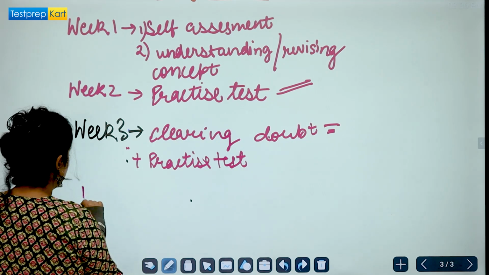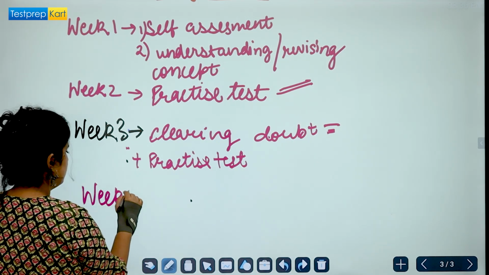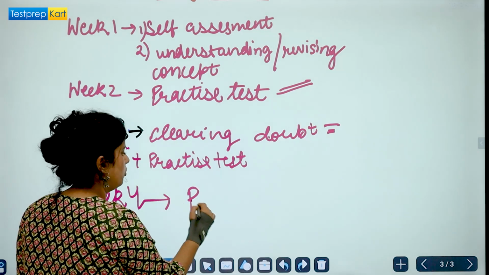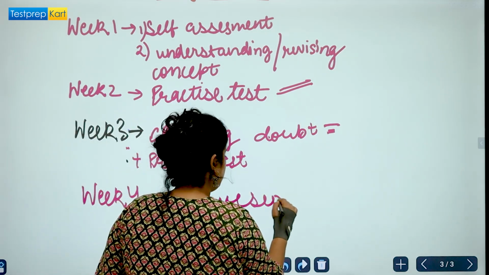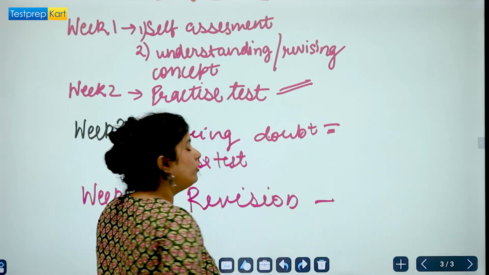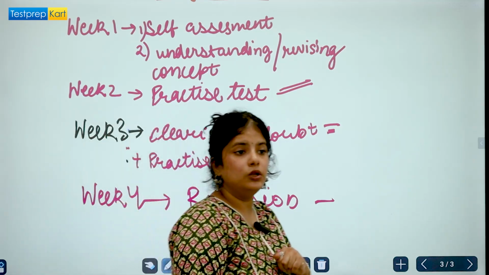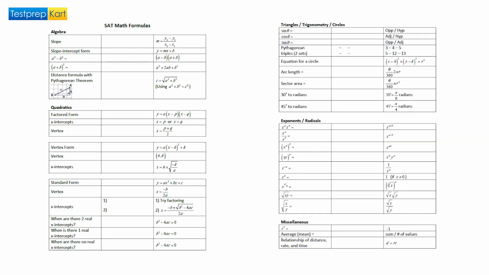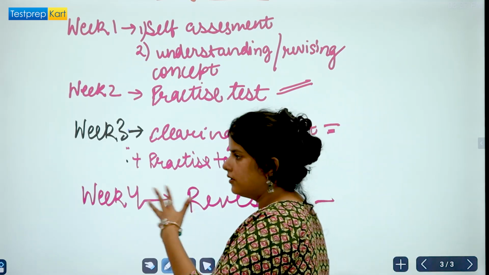And obviously, in week 4, I will be totally focusing on revision. For that, we are providing you a formula sheet with all the formulas of maths, so that you can print it out and put it on your study wall. So we have a cheat sheet, and I would be revising from that.